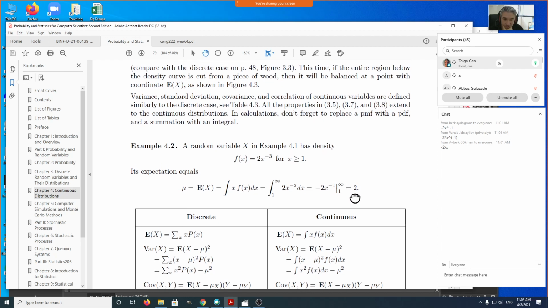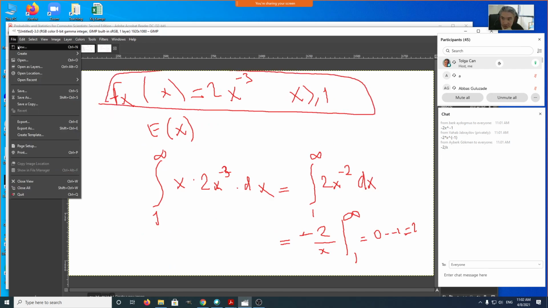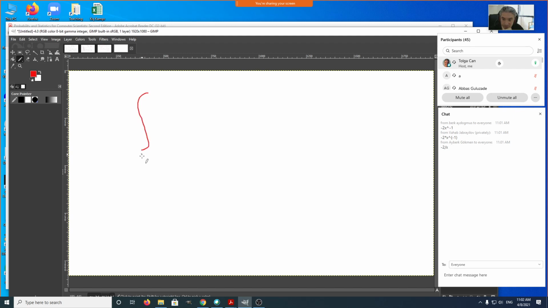What about its variance? What is its variance going to be? The expected value of a random variable with this PDF is 2. To find its variance, we first need to find the expected value of x squared.